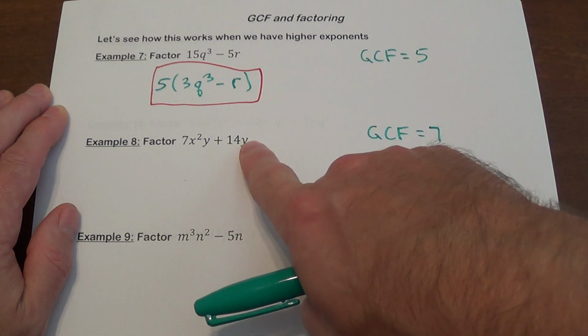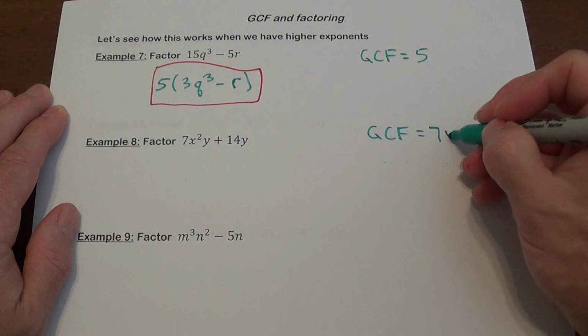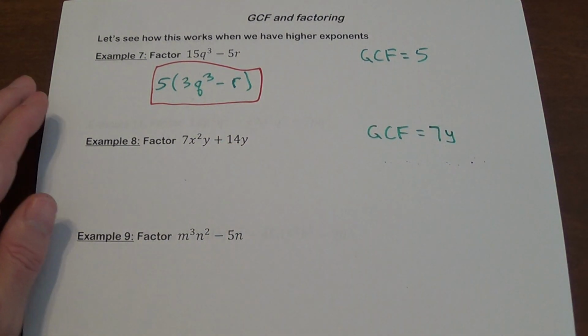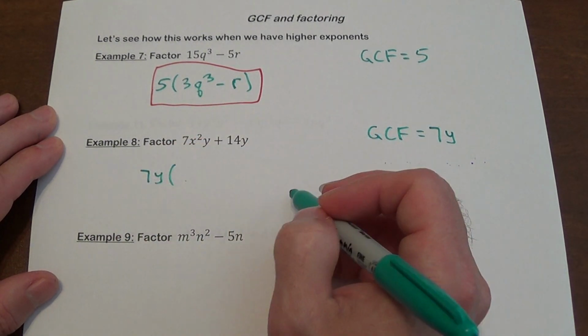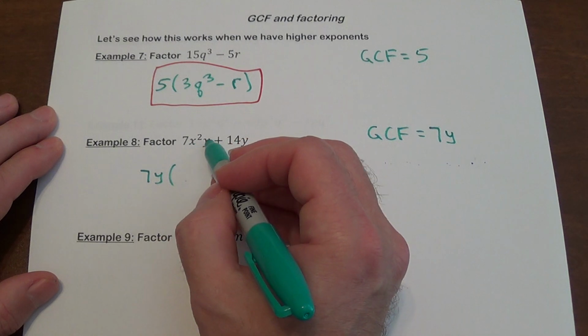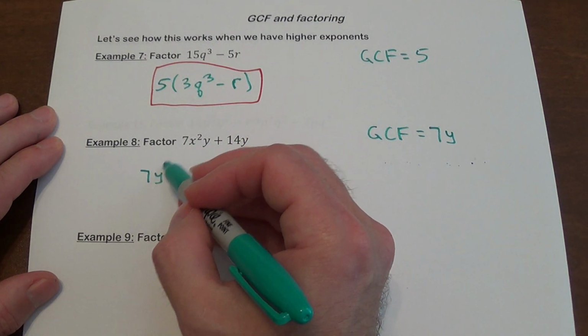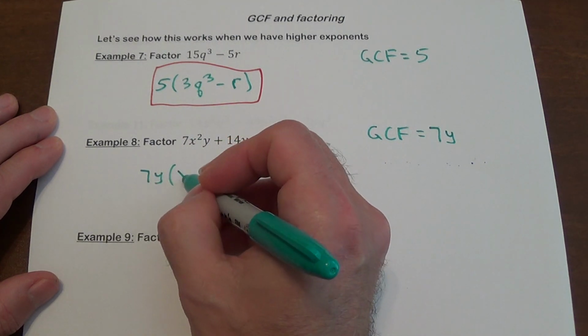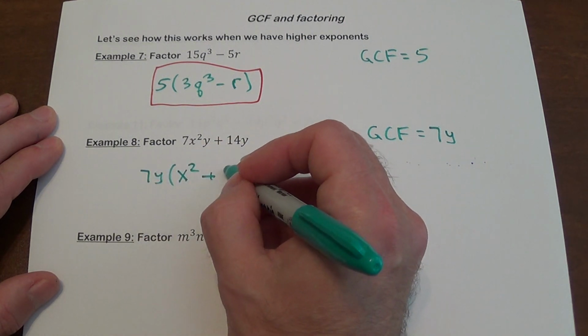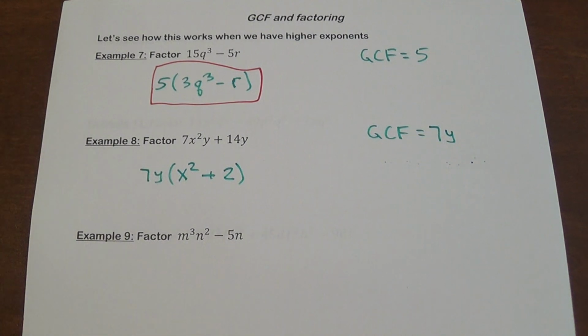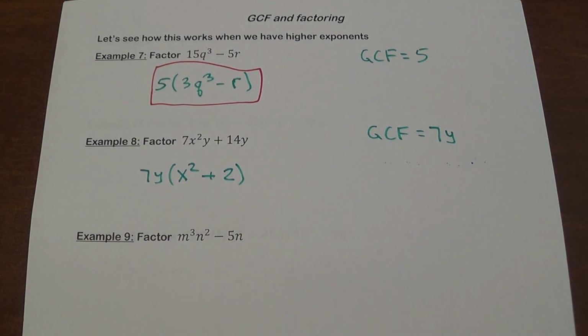You have y here and y here, so we can definitely take one y out. So that's going to leave us with 7y, and we divide each term by 7y. So 7x squared y divided by 7y, 7's cancel, y's cancel. You're going to be left with x squared. 14y divided by 7y will leave you with 2. Alright.